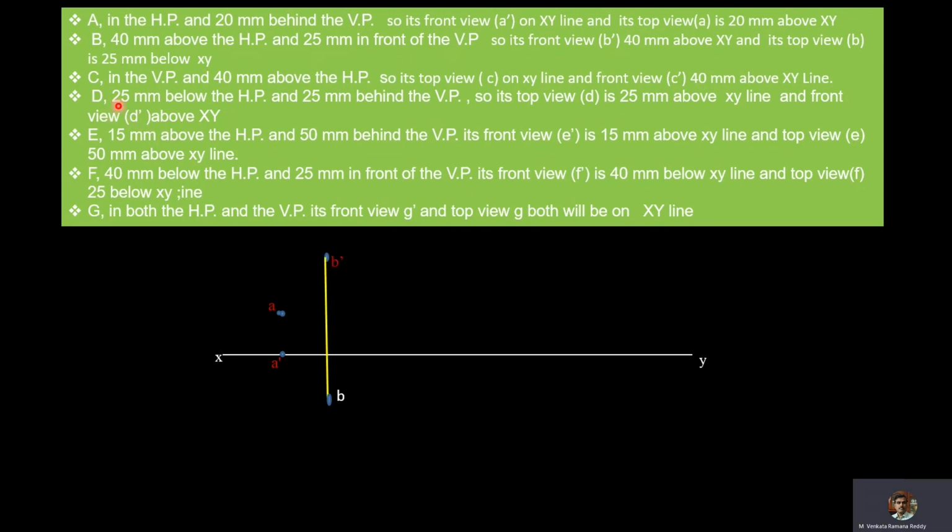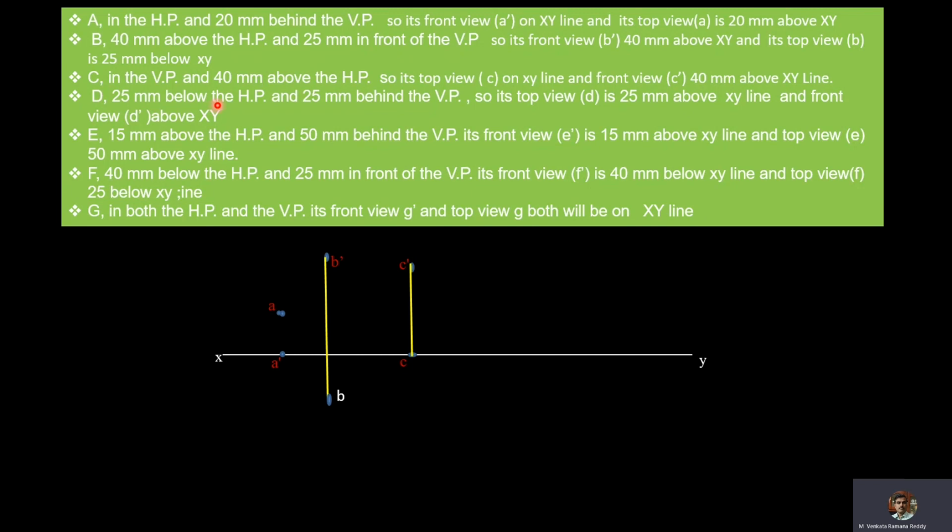Next, point C in the VP. So its top view is on the XY line and it is 40 mm above the HP, so its front view is 40 mm above the XY line. So this distance is 40 mm.